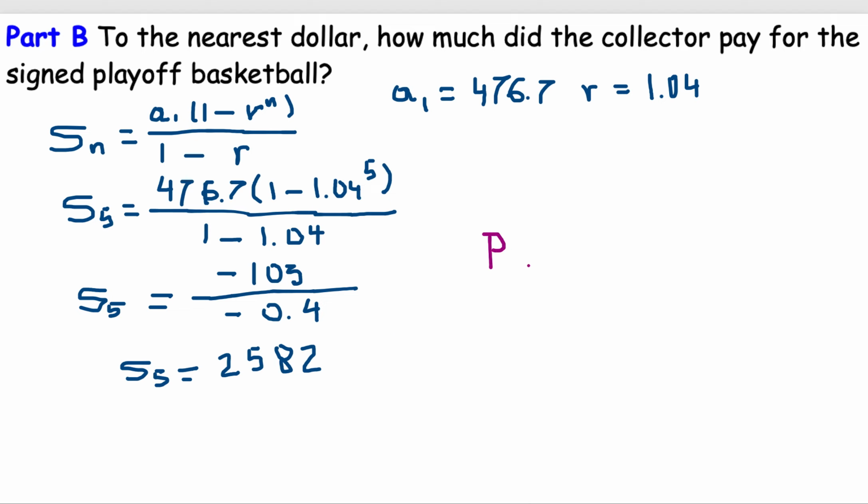Now the price, let me write P, is equal to S5, how much he saved, plus $580. The price is 2,582 plus 580.